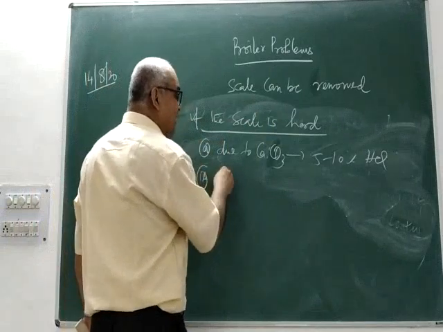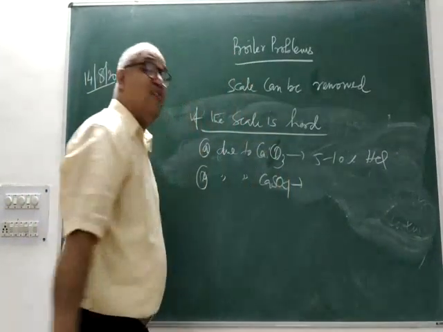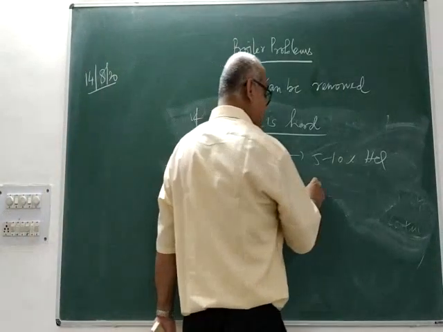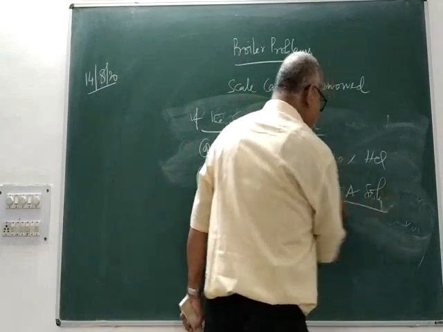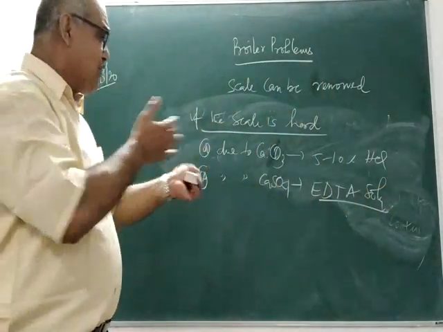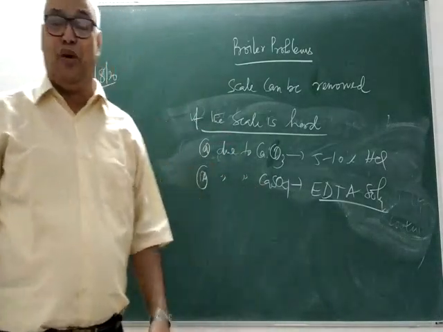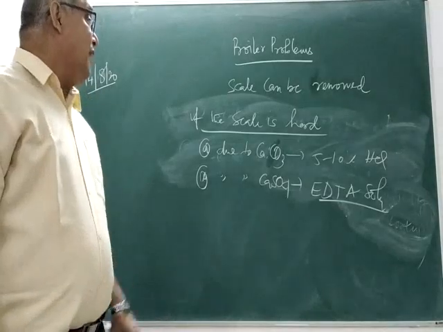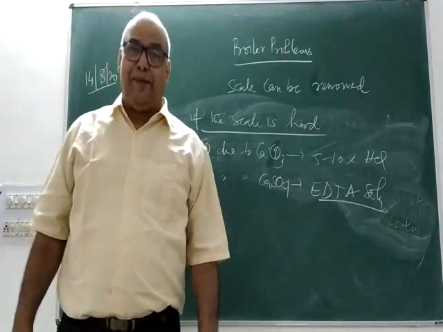And if the scale is due to calcium sulfate, then this kind of hardness can be removed by using EDTA solution. Actually, EDTA, full form ethylene diamine tetraacetic acid, is a chelating agent that reacts with calcium to produce a soluble complex. And this is how we can remove scale of different types.